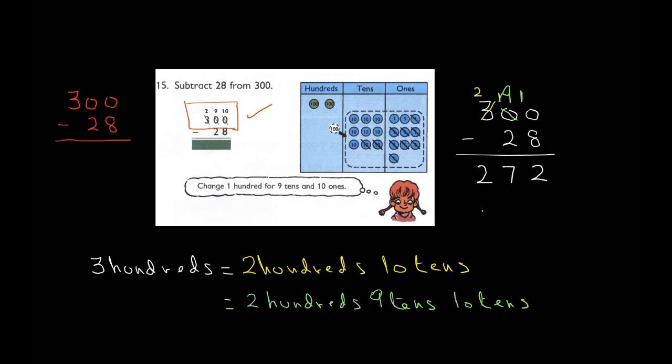I would cancel off the 3, write 2, then I have 10 tens, and I'm going to reinterpret the 10 tens as 9 tens and 10 ones. And now I have 10 ones minus 8 ones, which is 2 ones, and 9 tens minus 2 tens, which is 7 tens, and 200s comes in.